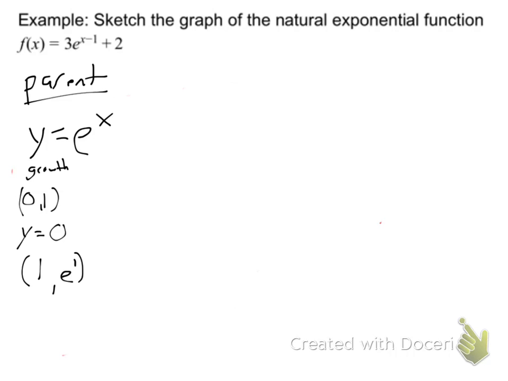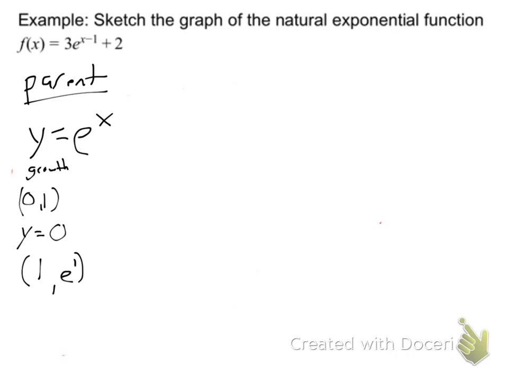Without going any further, you should be able to look at all the different transformational pieces, the a, h, and k. Tell me in words what's happening to it. Vertical stretch of 3. Right 1. Up 2.